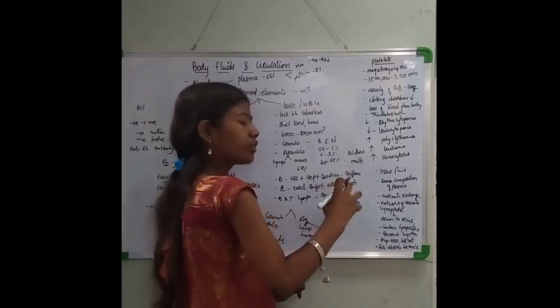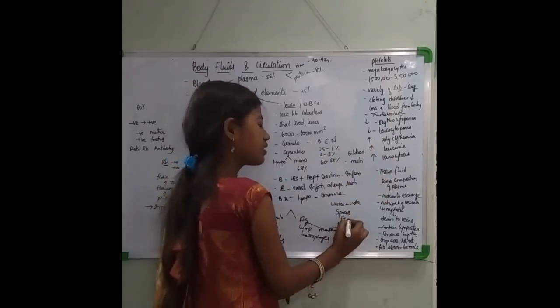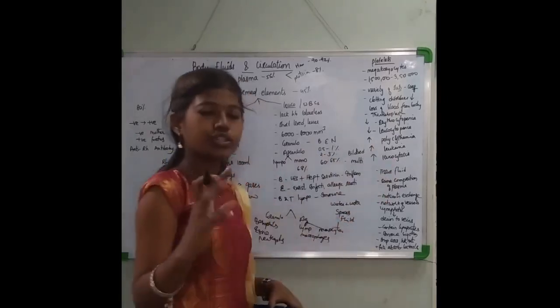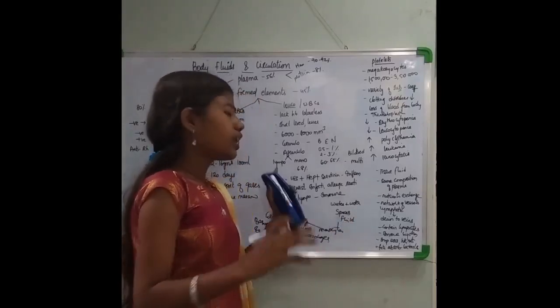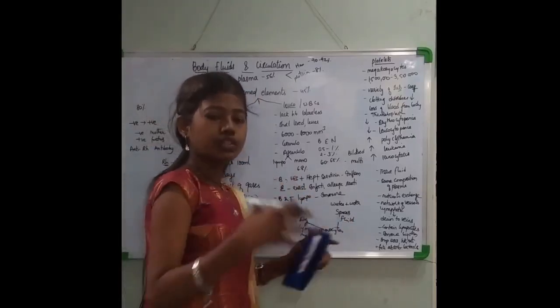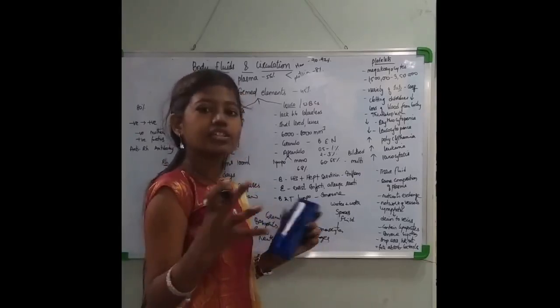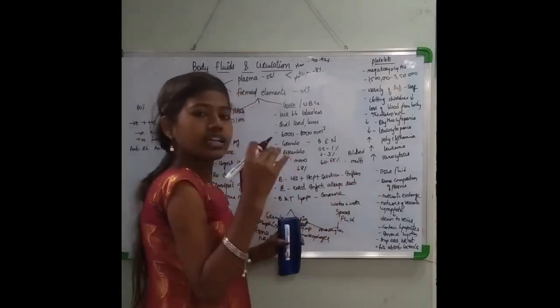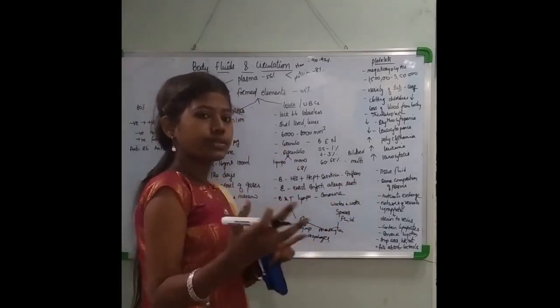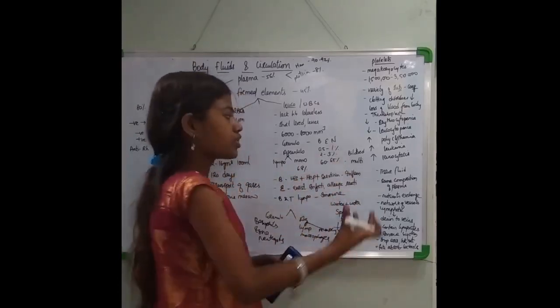When these water and water soluble substances move into spaces, the fluid is called interstitial fluid or tissue fluid, leaving the larger proteins behind. Now this tissue fluid has the same composition as that of plasma.